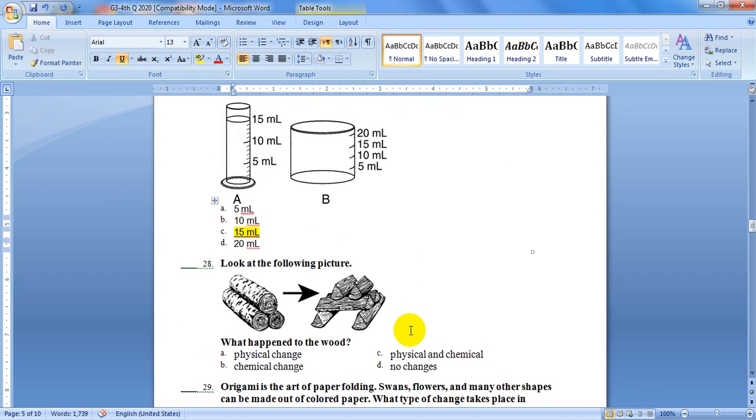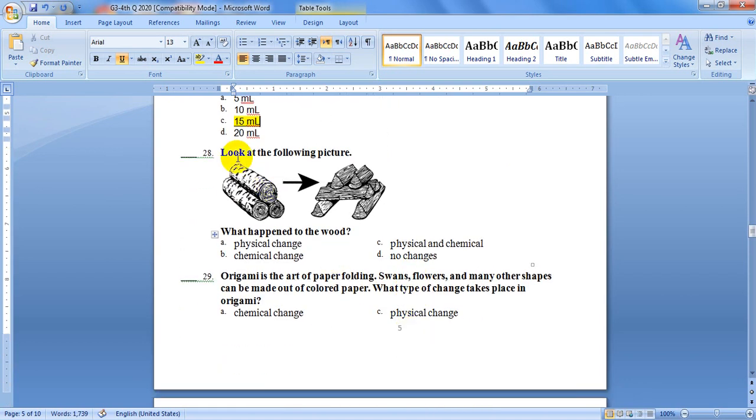The next one, 28. Look at the following picture. Here we have some logs of wood, and here these logs are chopped or cut. What happened to the wood? Physical change, chemical change, physical and chemical, no changes.